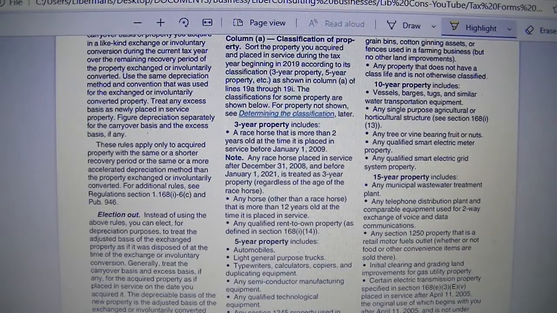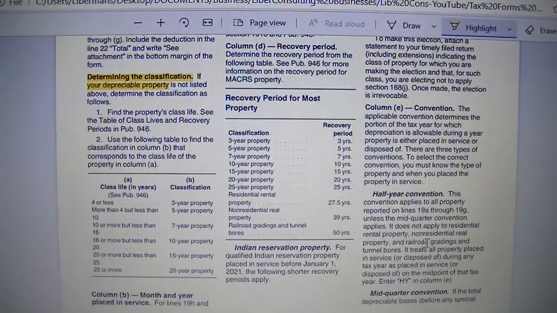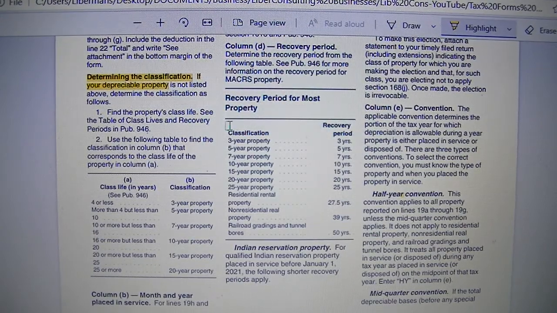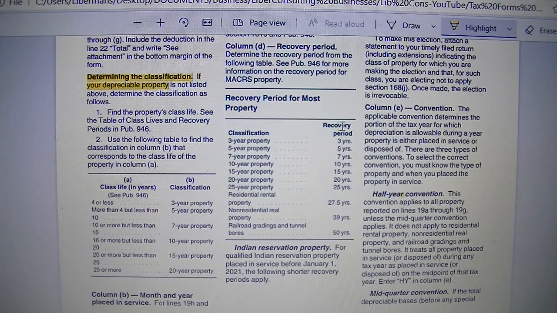Okay. But a lot of the time the recovery period will match the classification. So if it's a 5-year property, 5 will be the recovery period. We'll go deeper into it in later videos. So 7-year property will be 7.